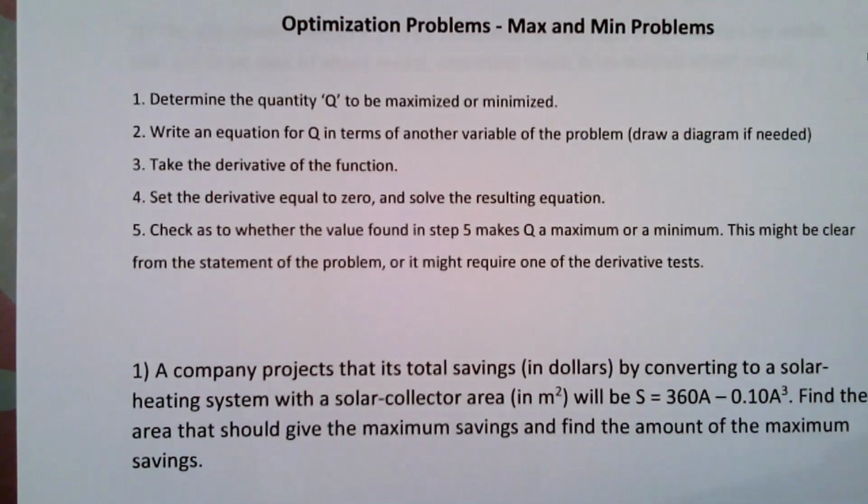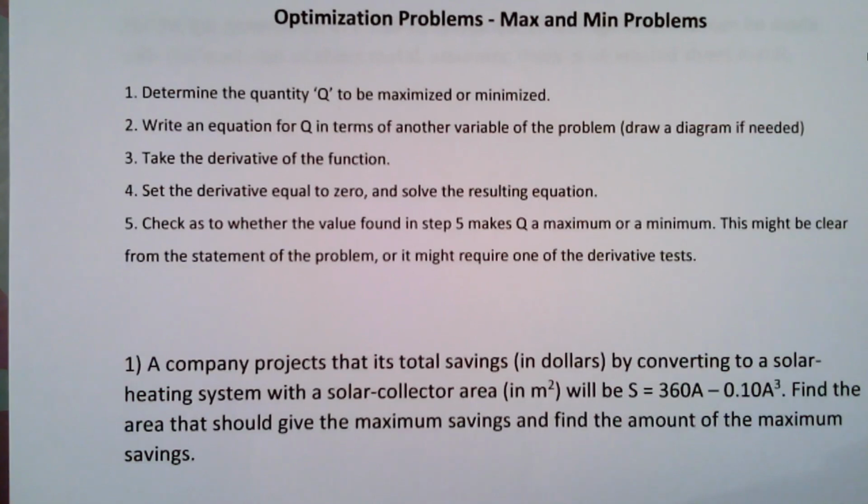Now that could be cost, that could be maximum profit, that could be minimize materials, maximize the area. It can be a lot of different things. So it's our job to figure that out first. What exactly is it that they want me to find? What do I need to maximize or minimize? That's the first thing we do. Once we figure that out, then we have gotten a good start to our first equation.